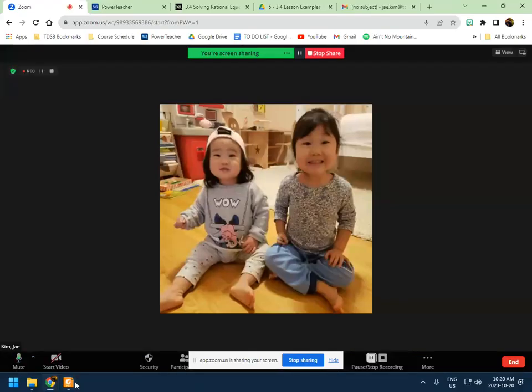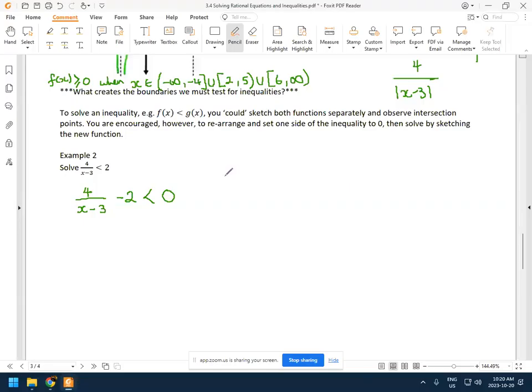All right, let's get started. If you got a chance to work through this, you would see 4 minus 2(x minus 3) over x minus 3. I hope this is very clear. You're multiplying by a 1, so it's legal.